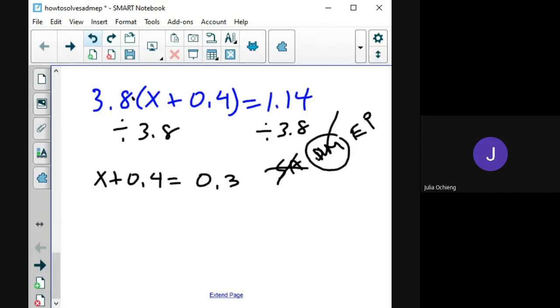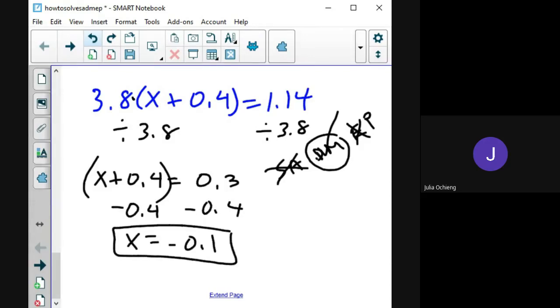Then the next thing is exponents, but there are none. And then the last thing is parentheses. And this x plus 0.4 was in parentheses, so now I can go in the parentheses and get rid of the minus 0.1. So x is going to equal negative 0.1. Hopefully that was helpful to refreshing your memory.